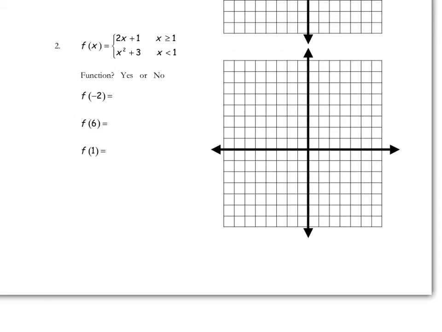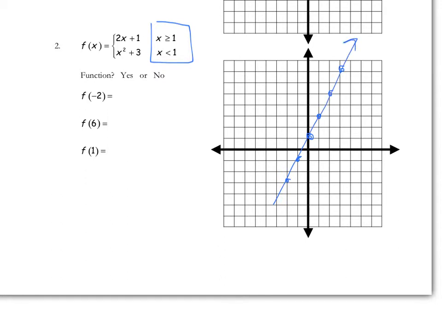The second example is also made up of two pieces. Again, the first piece is linear and the second piece is a quadratic. In order to keep it a function, both of them have restrictions so that there is no overlap. When I graph the first piece, I know that my y-intercept is 1. I'm going to go up 2 over 1 to continue graphing that piece.